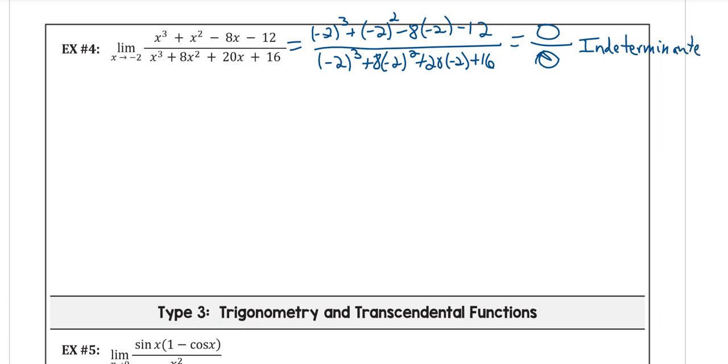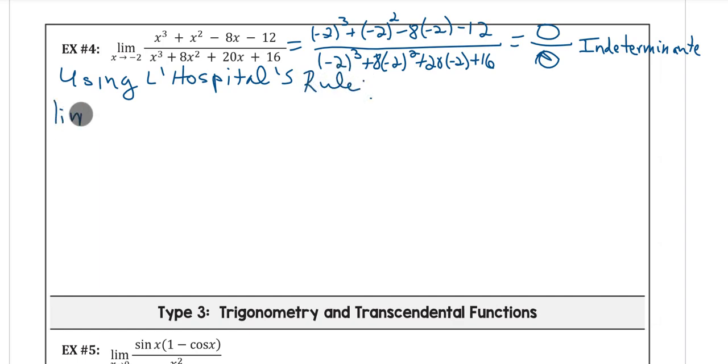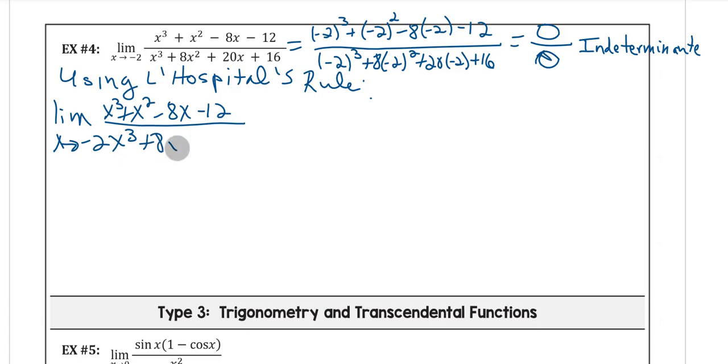Okay, so applying L'Hopital's rule, we get the limit as x approaches negative 2 of x cubed plus x squared minus 8x minus 12 over x to the third plus 8x squared plus 20x plus 16.